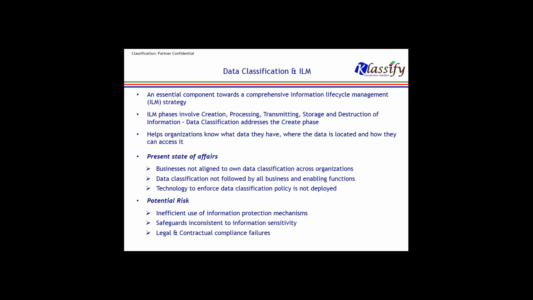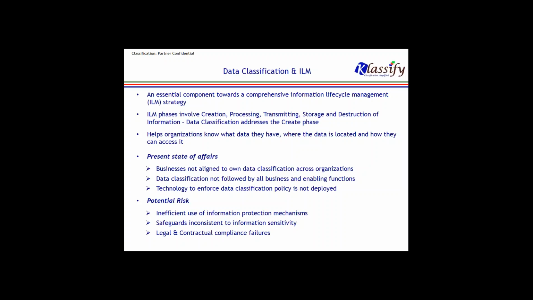Some of the very important questions that come to our mind when looking at data classification are: one, what data types are available? Where is that data located? What access levels are implemented? What protection levels are implemented? And do these protection levels adhere to compliance regulations? These are the fundamental questions that we need to get the answers to.